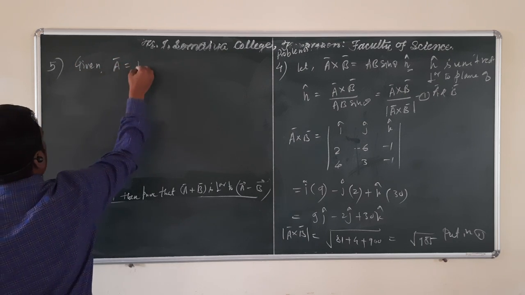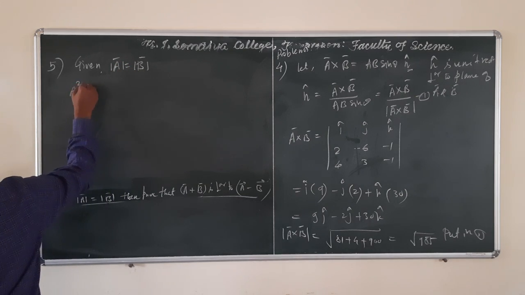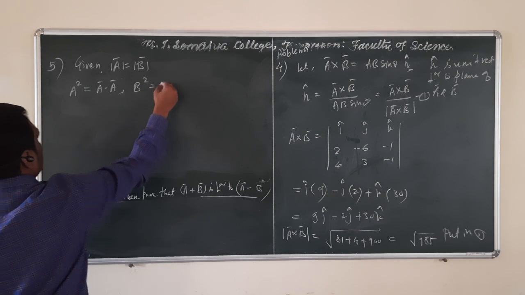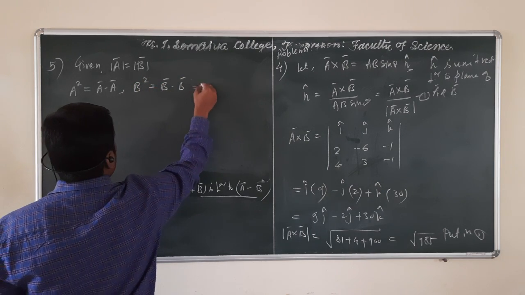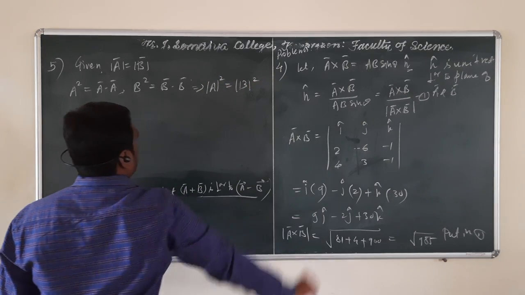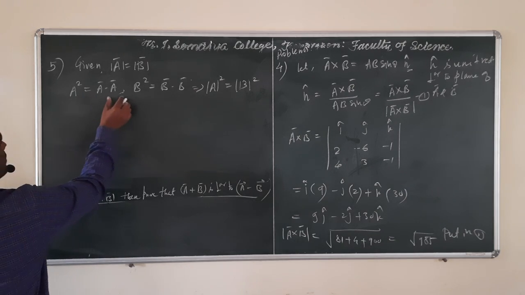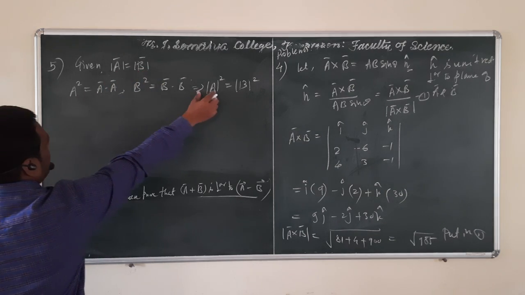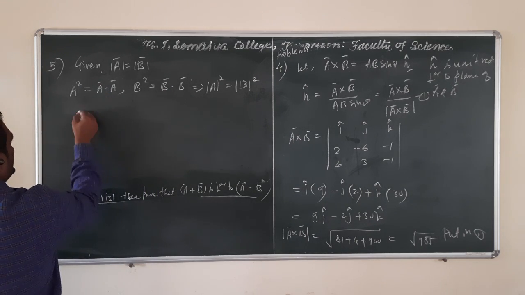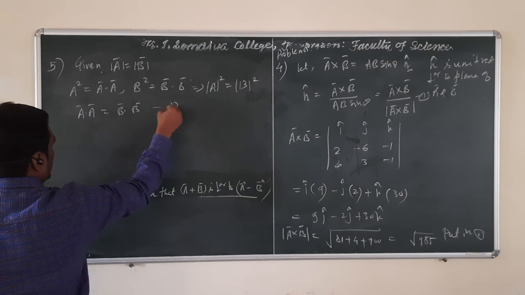The magnitude of vector A is equal to that of B. So A square is vector A dotted with A, and B square is vector B dotted with B. If you take the square on the left hand side and right hand side, we can write vector A dotted with A is equal to vector B dotted with B.